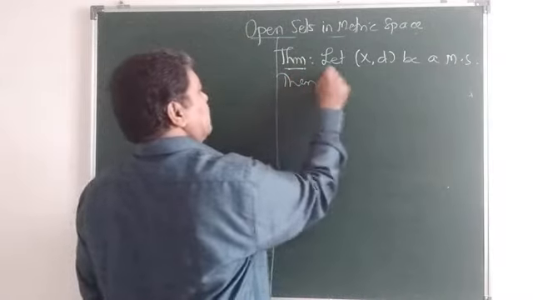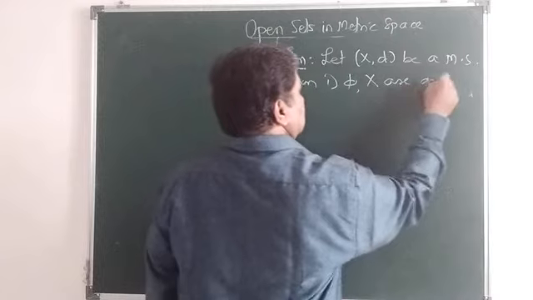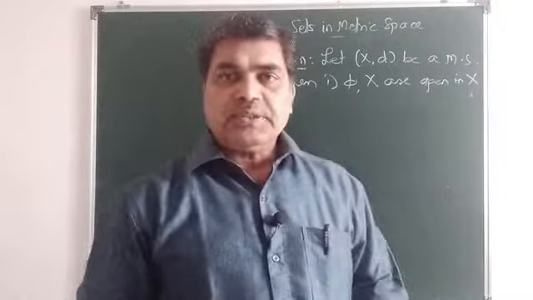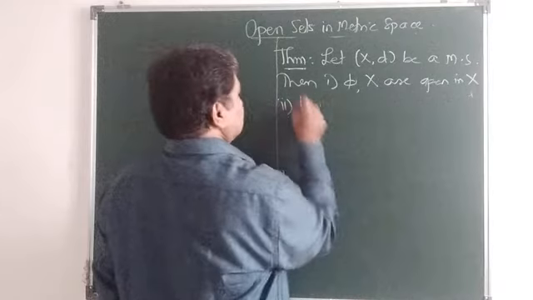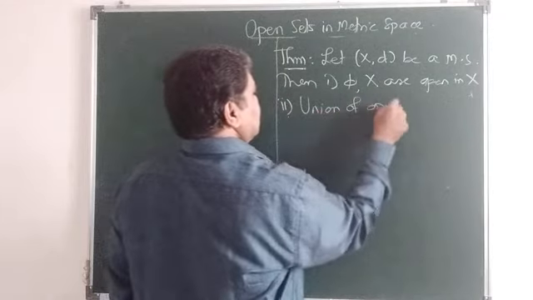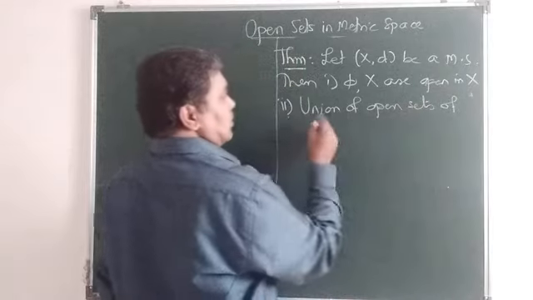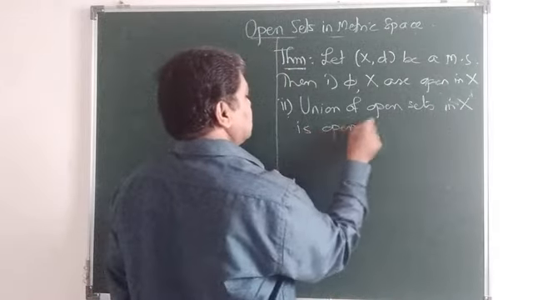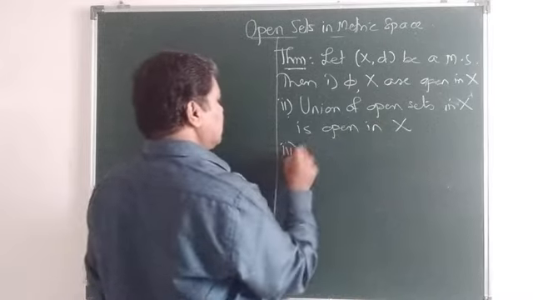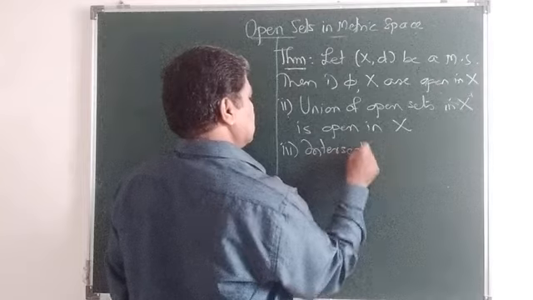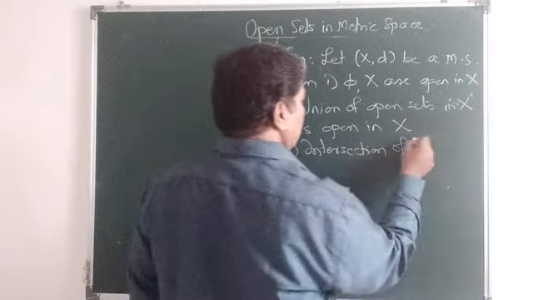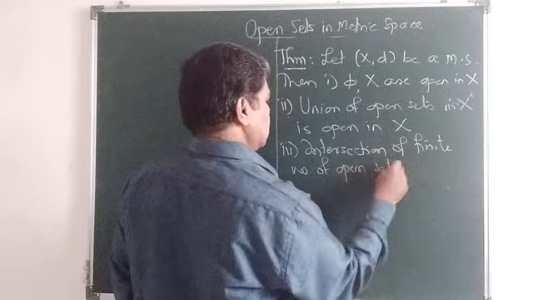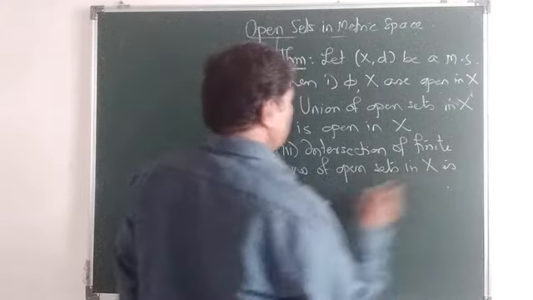Then, one, phi and X are open in X. Second, the union of open sets in X is open in X. Third, the intersection of a finite number of open sets in X is open in X.